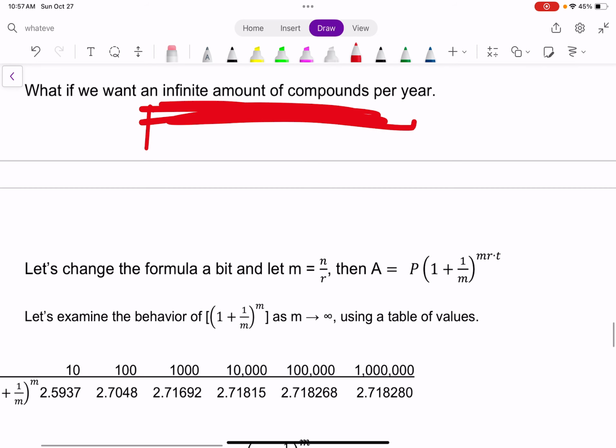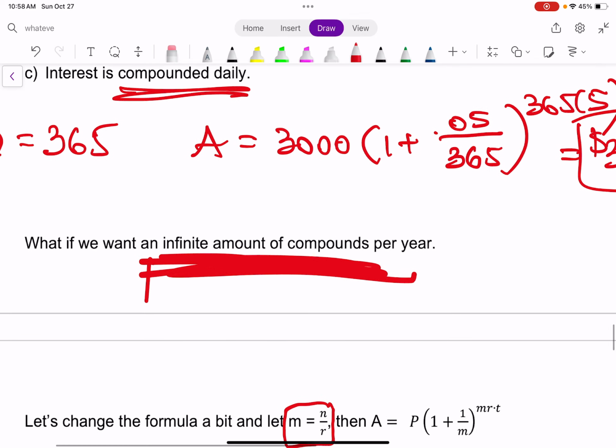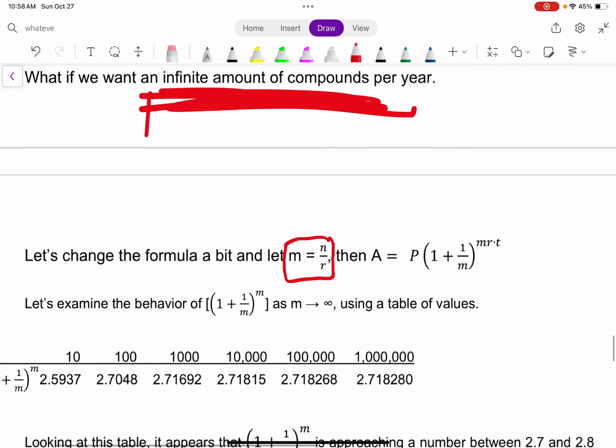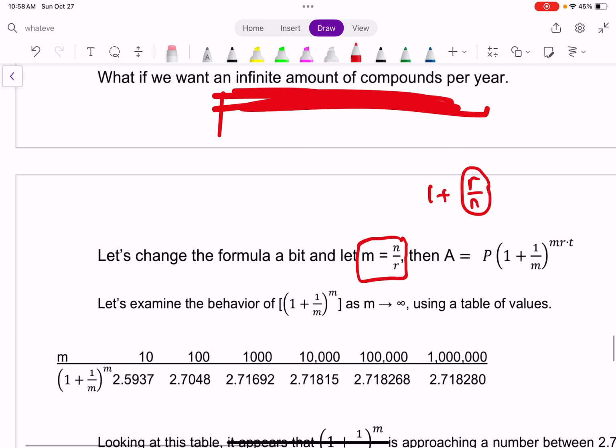So let's change the formula for a bit, and we'll call by m the n over r from before, or the r over n. That's what it was in there. We'll call the n over r by m, so therefore r over n is 1 over m. It's the reciprocal. So I'm replacing that in.